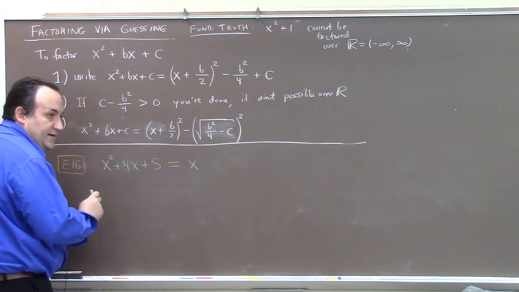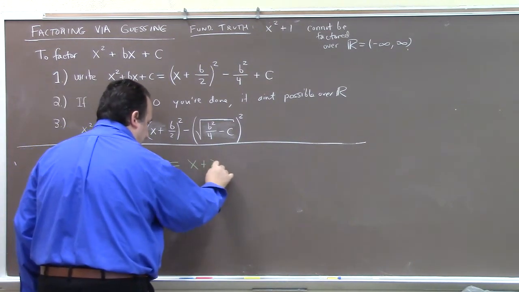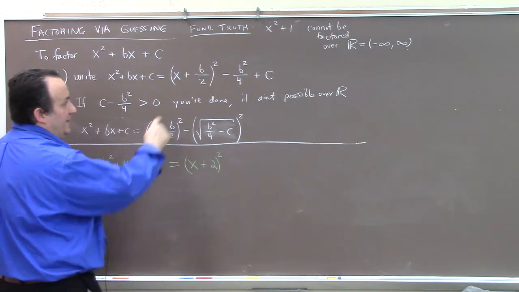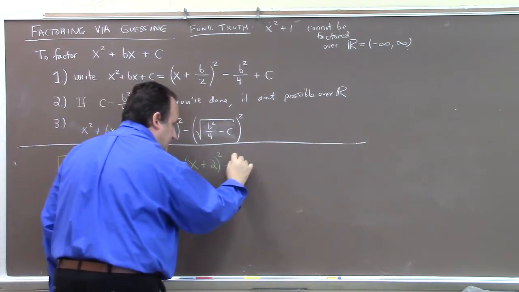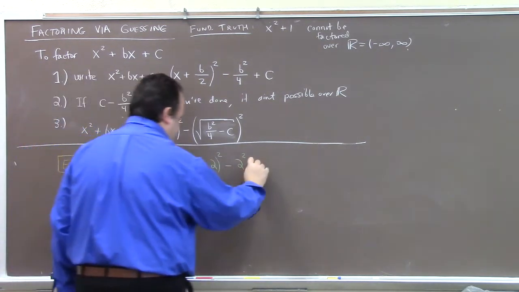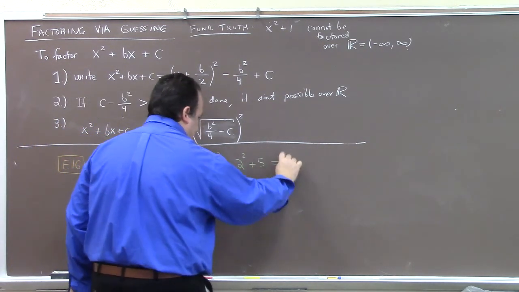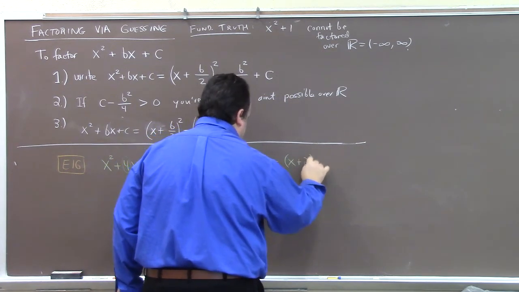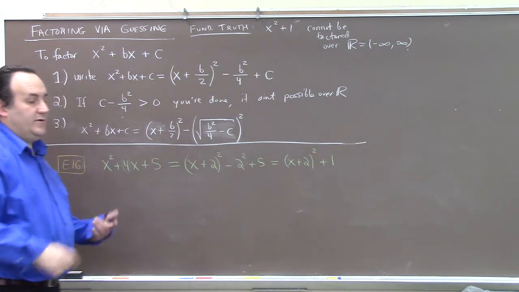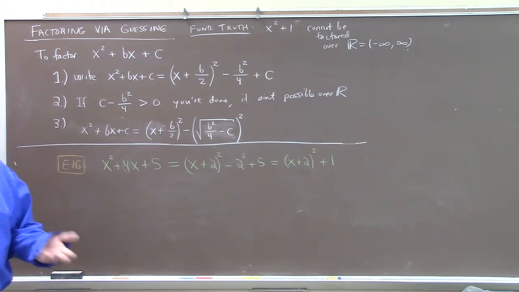Half of 4 is 2, right? So I do x plus 2 squared. Then I subtract 2 squared. And I still add the 5. So what is that? That's x plus 2 quantity squared plus 1, which is what I wrote earlier by hocus pocus.